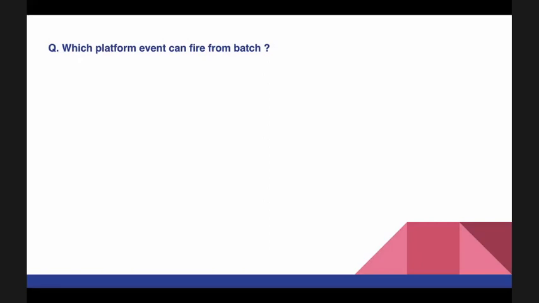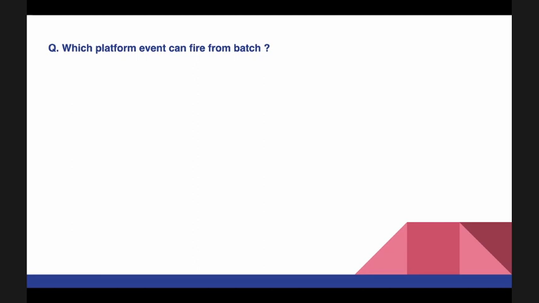The next question is which platform event can fire from batch? For this question, I can definitely say it's an advanced level question, not very common, but something good to know. There is something called the BatchApexErrorEvent object, which represents a platform event associated with the batch Apex.